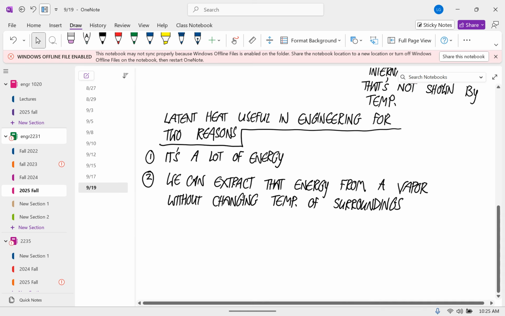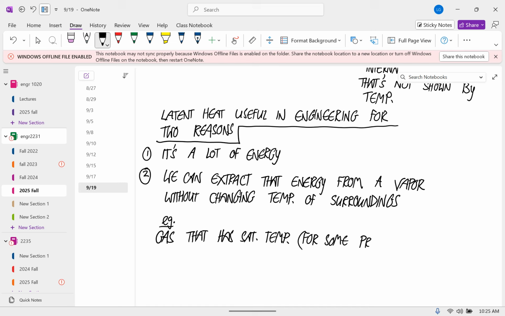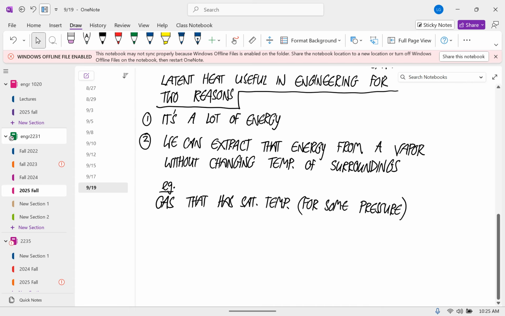So, let me illustrate this. For example, let's say that we have our gas that has its saturation temperature for some given pressure at 80 degrees Celsius.